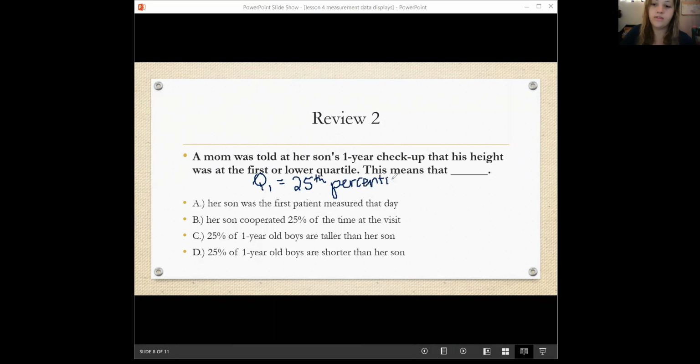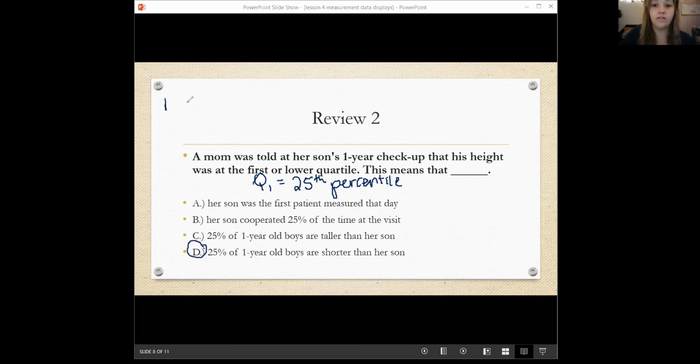Percentiles basically say what percent of the data is at or below what you're looking at. So if her son was in the 25th percentile, that means that 25% of 1-year-olds are at or below her son's height. So that means that 25% of 1-year-old boys are shorter than her son. So this is going to be D.